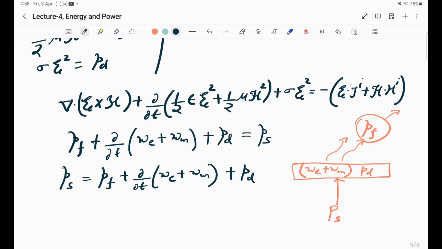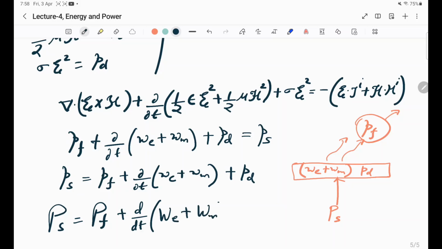Alright, okay. Now again at the last, if we simply substitute with the total power and total energy, we can write PS is equal to PF plus d by dt times capital WE plus capital WM plus PD.